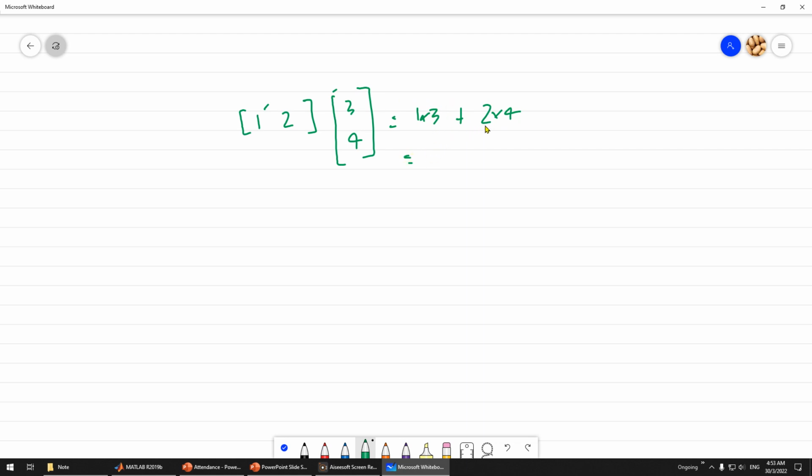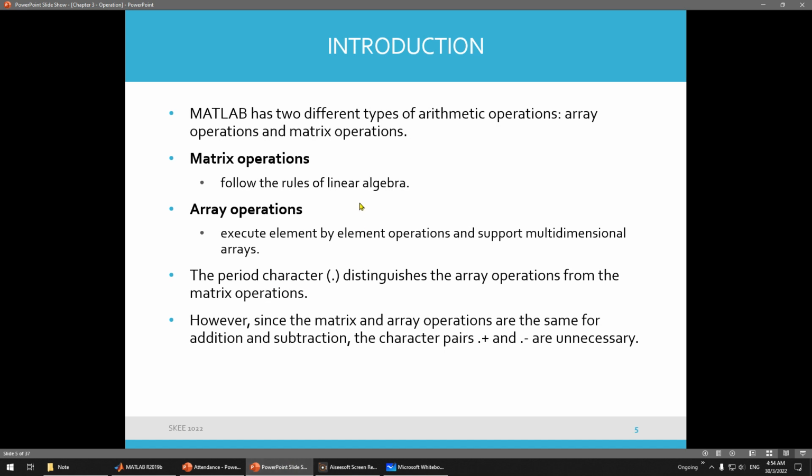So you get 3 plus 8, which is 11. So this is matrix operation. Basically it follows the law of algebra, linear algebra. That is matrix operation, basically the standard matrix you learned in your previous study.